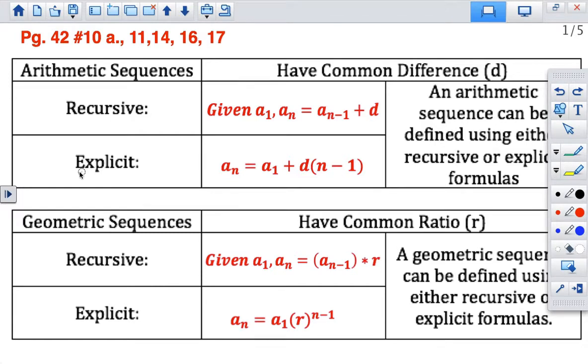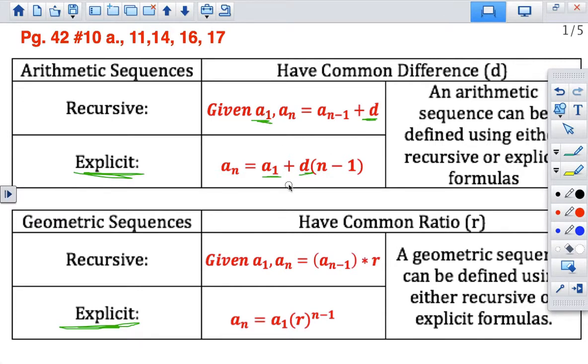So far, we've been focusing on the explicit formulas for arithmetic and geometric sequences. Now we all know what a sub 1 is, and that's just your first term. And we know that the arithmetic sequence has a common difference. It doesn't matter whether you have the recursive formula or the explicit formula, you have to have your a sub 1 and your common difference.